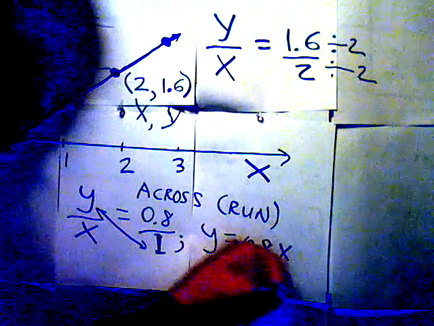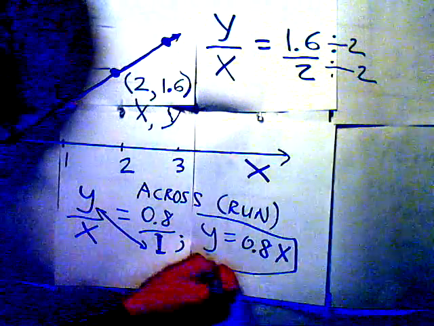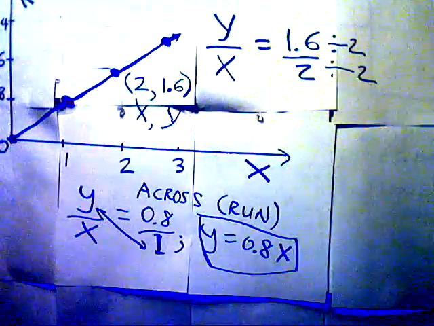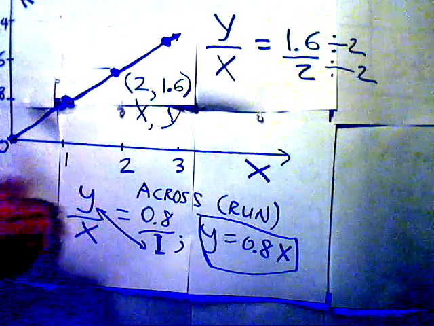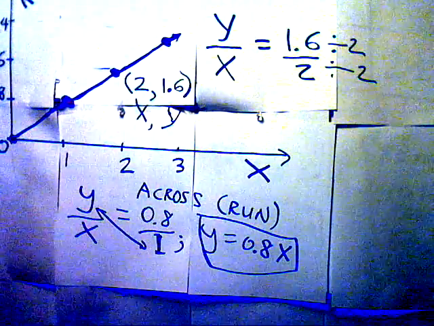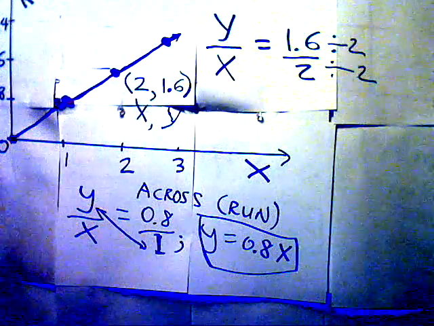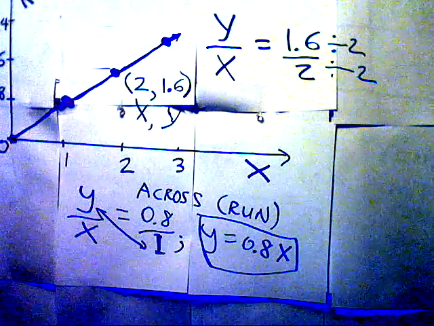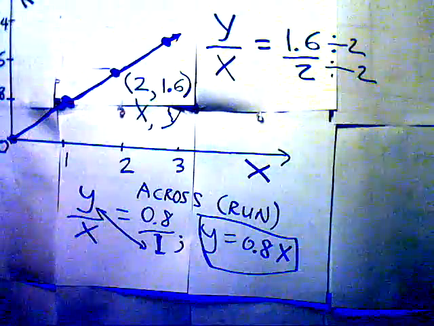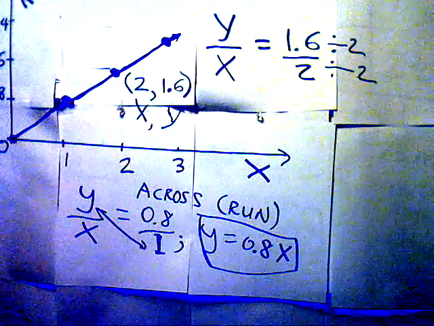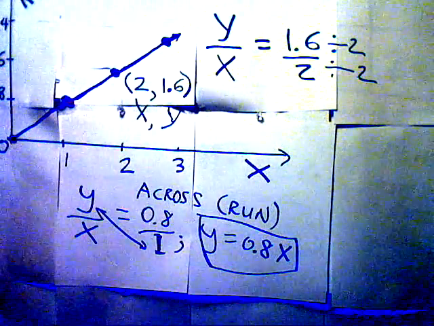So just like we expected, the equation is y equals 0.8x. And again, we found this just by looking at the graph and using what we know about proportionality to find our equation.